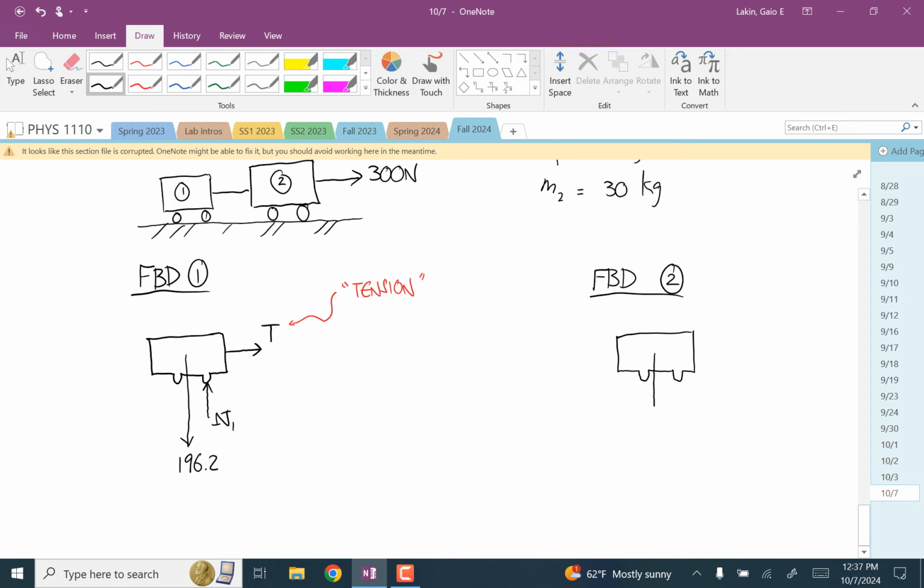There's a weight force down, and that's 30 times 9.81, so 294.3 newtons. And then there's a 300 Newton force that's given. And then there's a pushing force from the ground. I'll call that N2.